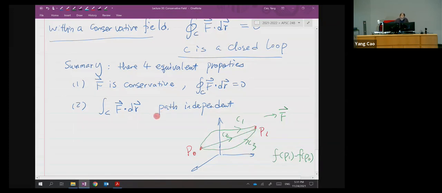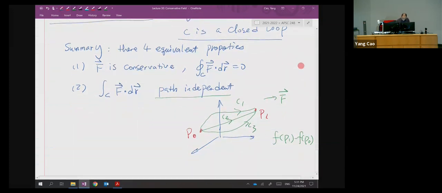So that's what we call path independent. Path independence is a very common concept. If you look at thermodynamics, which you are currently learning, there's also a path independent internal energy, right? The change of internal energy is path independent. So that's the number 2 property.